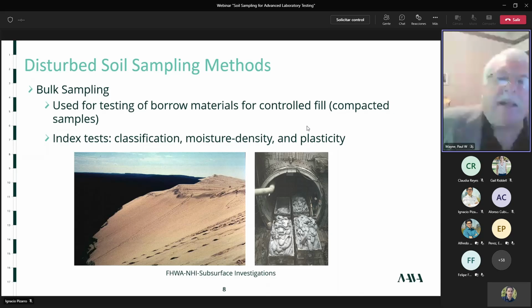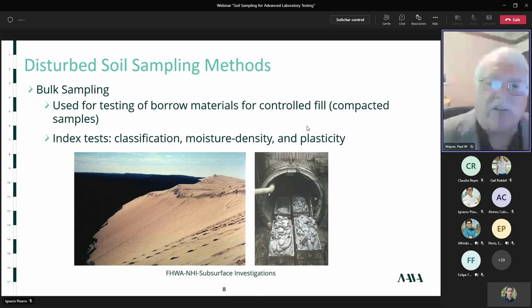So bulk sampling, I mean, this is just if you want some of the material itself to check for some classification specifications. For example, it has to have a certain grain size distribution. It cannot have more than so many percent fines content. It needs certain plasticity characteristics.